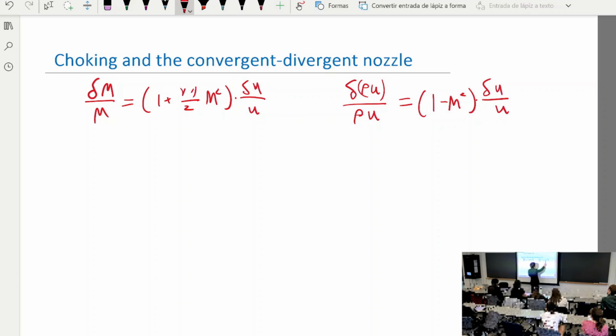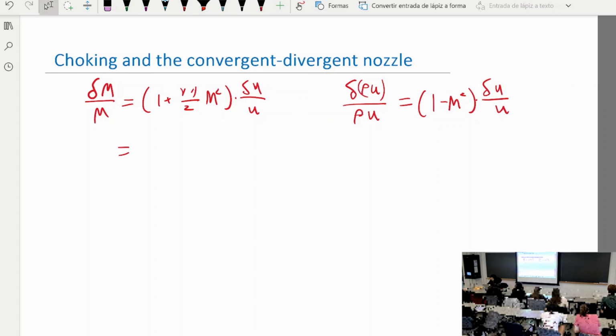At low Mach numbers, the mass flow has the same kind of increase as the velocity increase. But at Mach 1, as velocity increases, there is no change in mass flow per unit area. And at supersonic speed, if you increase the speed, counterintuitively, you have a decrease in the mass flow per unit area. That's something we also derived the first day.